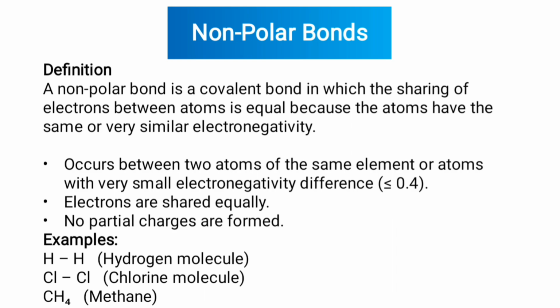But dear student, it occurs between two atoms of the same element or atoms with a very small electronegativity difference, approximately less than or equal to 0.4. In non-polar bonds, electrons are shared equally. No partial charges are formed. Examples: hydrogen molecules, chlorine molecules, and methane.